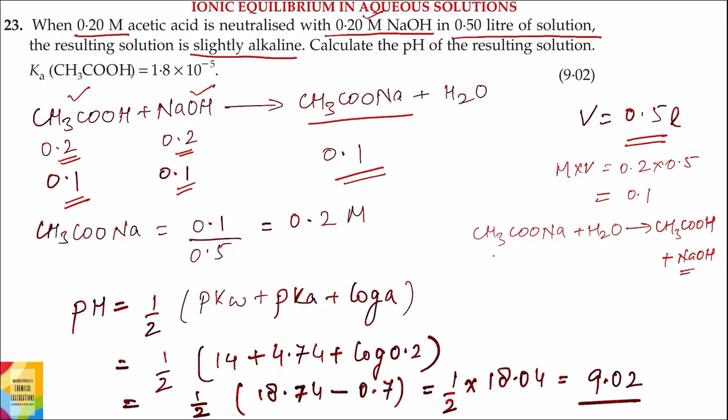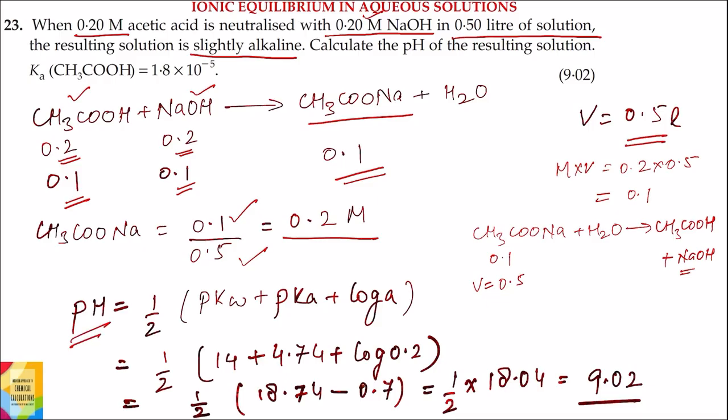Now, the moles of sodium acetate present in the solution is 0.1 mole and the volume of the solution is 0.5 liter. Therefore, the concentration of sodium acetate in moles per liter will be moles of sodium acetate divided by volume of solution, which is 0.1 divided by 0.5, that is 0.2 moles per liter. This is the concentration of sodium acetate.